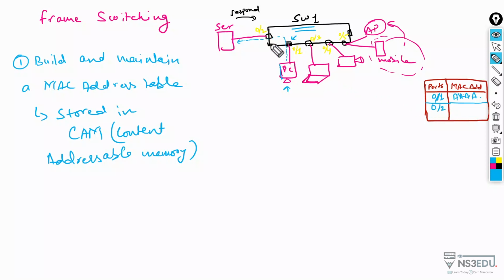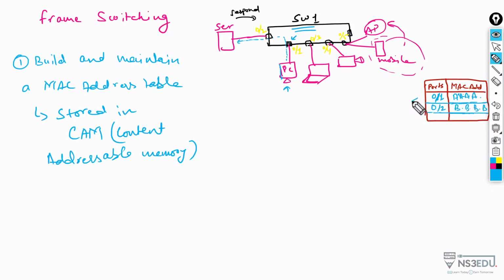And at this point switch 1 will be able to understand and store the MAC address of the server in that interface, which means let's take an example of BB. So again, a MAC address table has been initiated here.